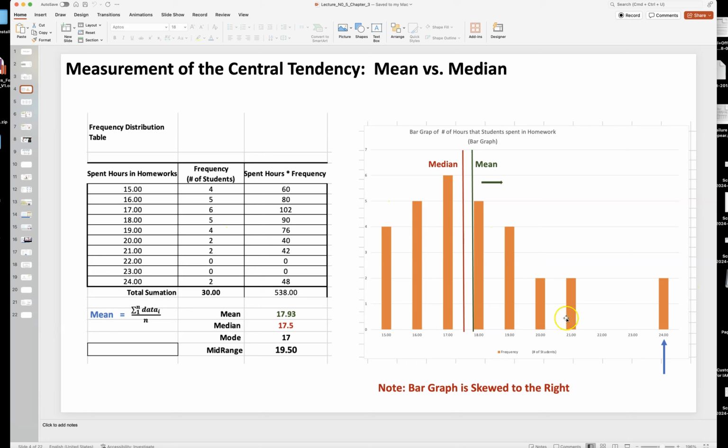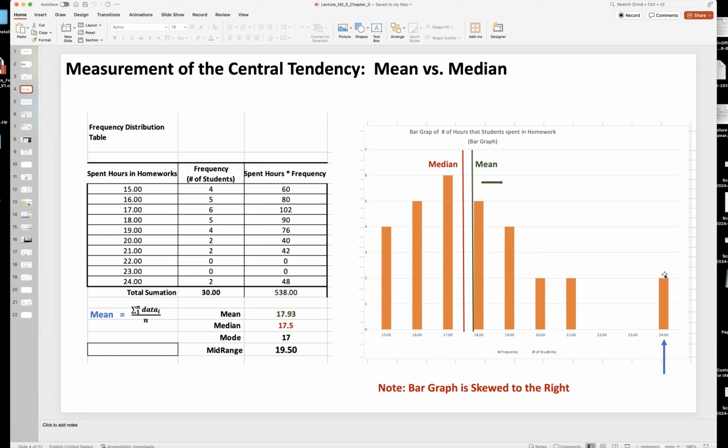So you can see that your graph has a central tendency to the highest bar, which is really close to 70. But because you have this dispersion of numbers, your frequency is a little bit skewed to the right.